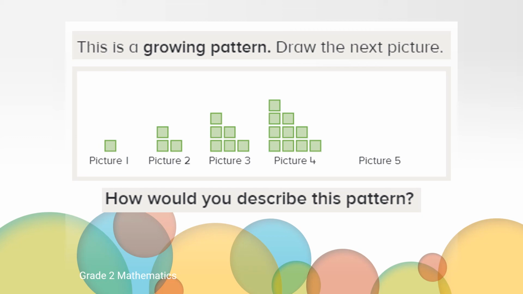I noticed each time more squares were added. First, 2 squares were added, then 3 squares were added, then 4 squares were added. This must mean 5 squares need to be added. So picture 5, the next stage in our pattern, would have 15 squares.